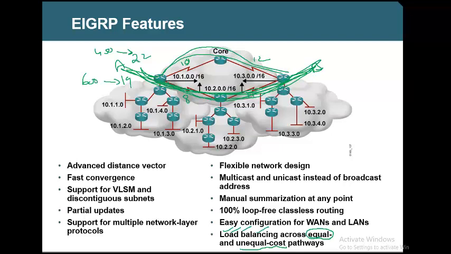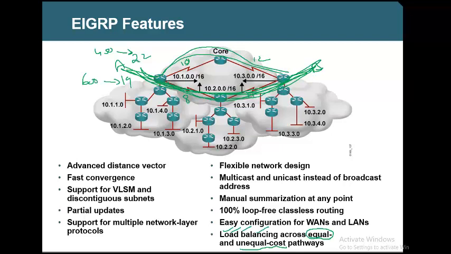According to the capacity, EIGRP can easily do those judgments and share the packets. So it's not going to be equally shared because the cost is unequal.